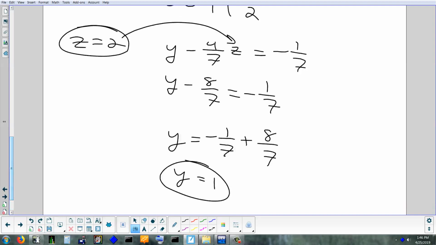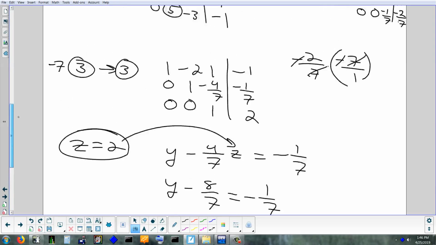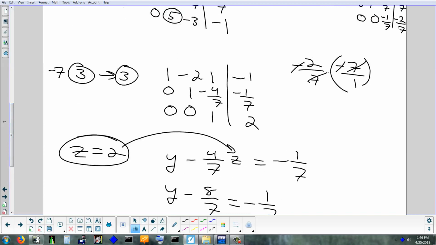Now, what letter am I missing? X. What row in the matrix would help me get x? It's got to be the top one. If you use the bottom one, x isn't even there. If you use the middle one, x isn't there. You've got to use the top one. Can somebody just read the top row to me in letter form?